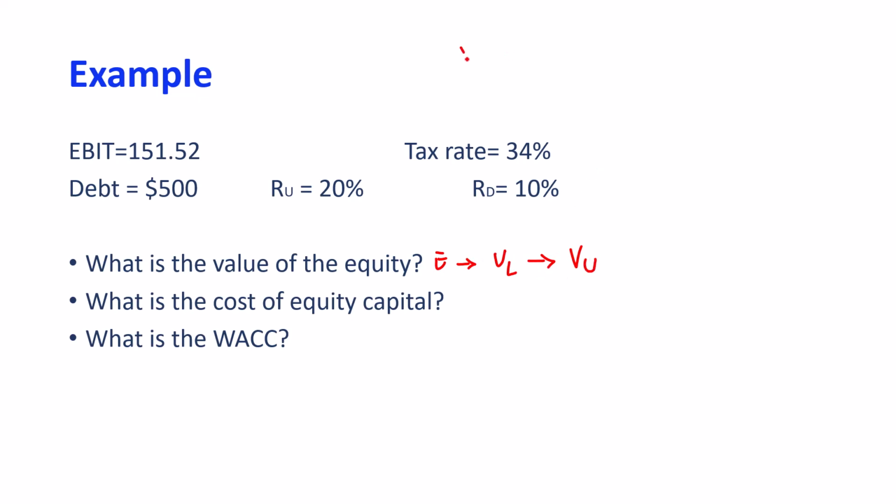Value of the unlevered firm is EBIT times 1 minus tax rate over RU, which is going to be 151.52 times 1 minus the tax rate, 34%, over 20%. So the value of the unlevered firm should be 500, right?